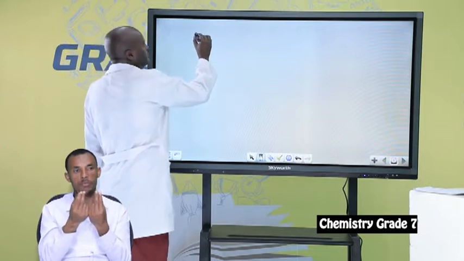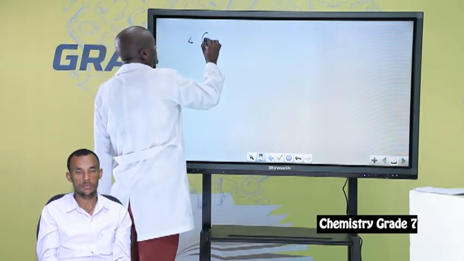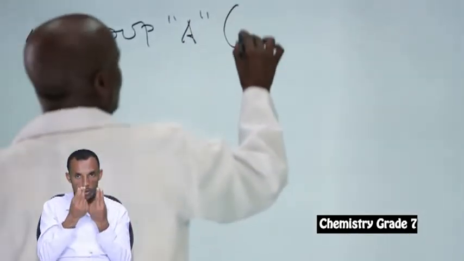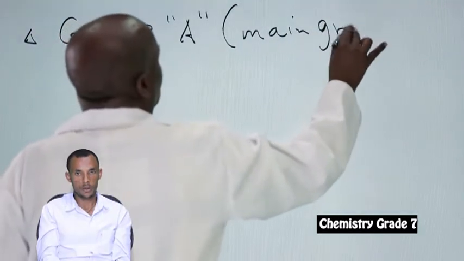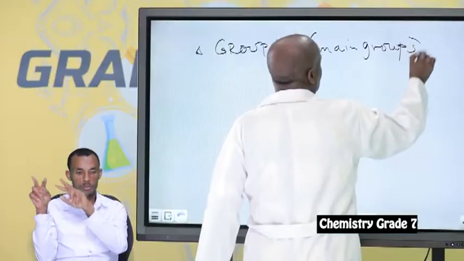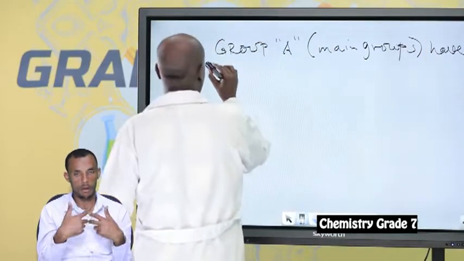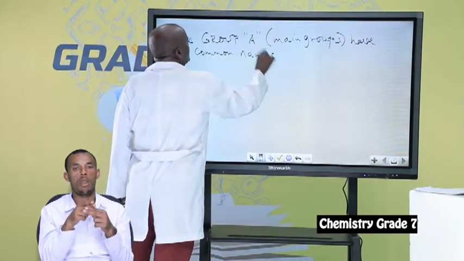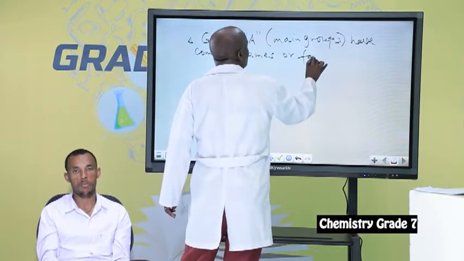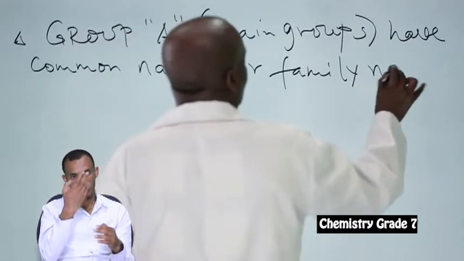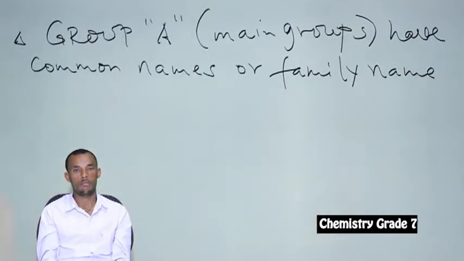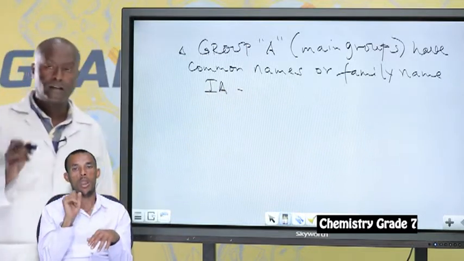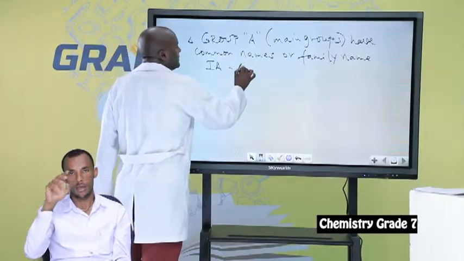Group 1 elements are called alkali metals.